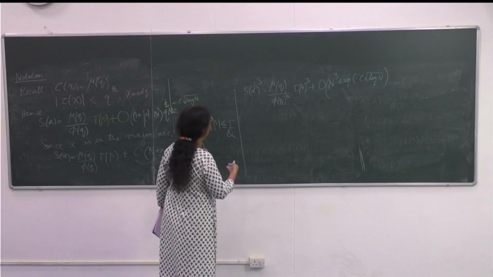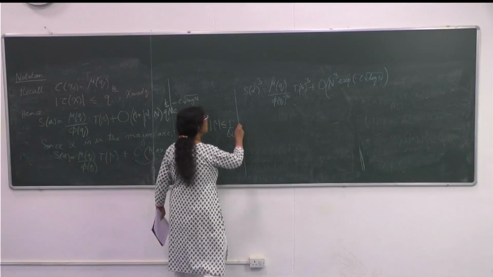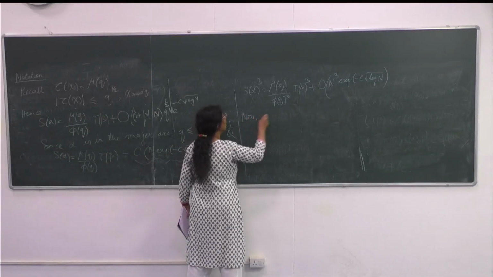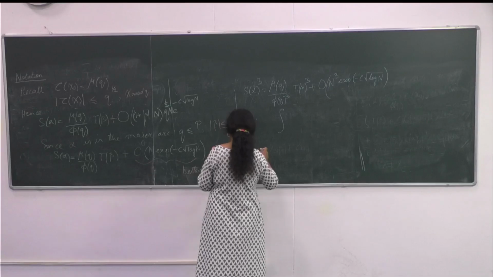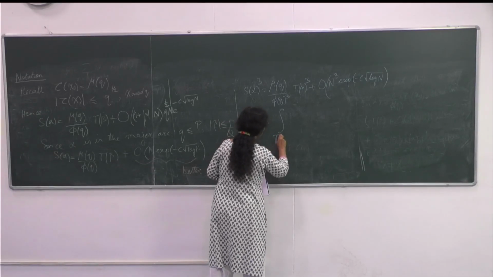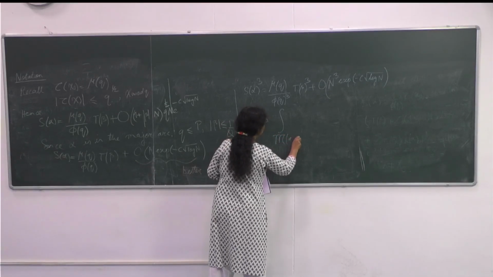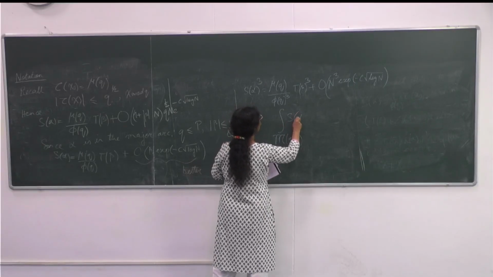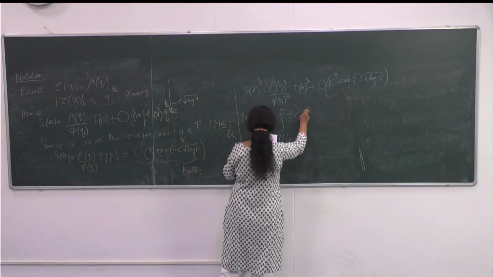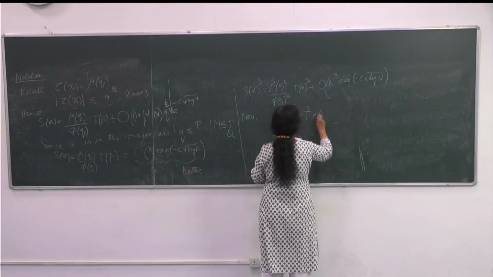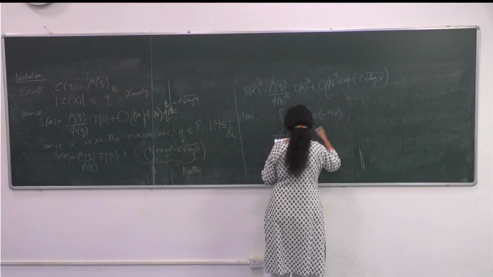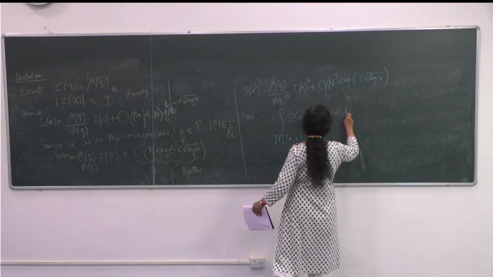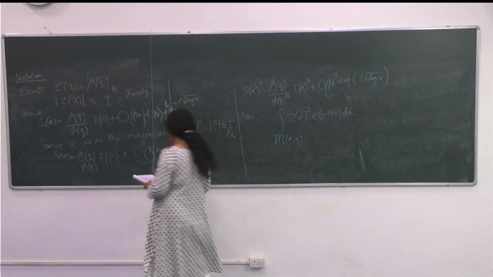So let's do it. We take an integral over the major arc, A q, of S alpha cube exponential minus n alpha d alpha. All right. What is it?